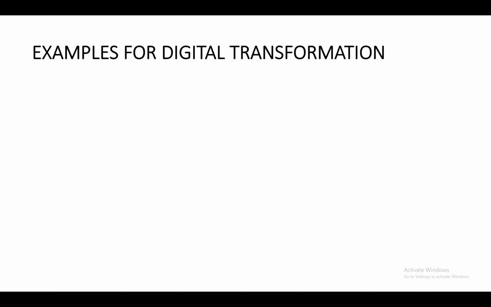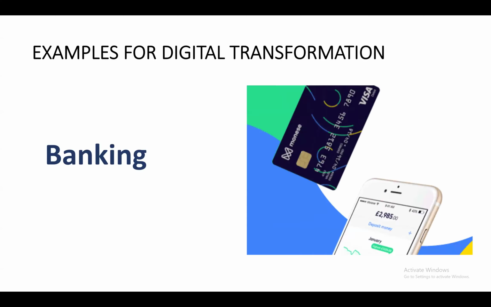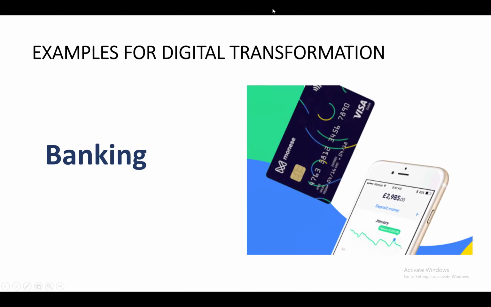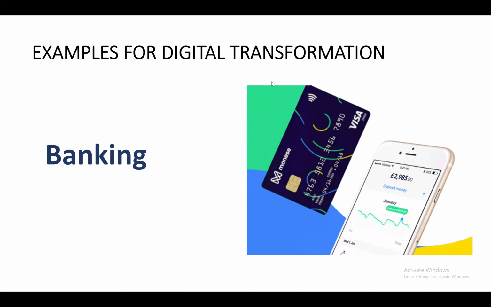Let's begin with digitalization. I will give you some examples of digital transformation, so then you can understand BIM. First, banking. We all know banking systems have been digitalized over the years, and we all use these digital banking systems.